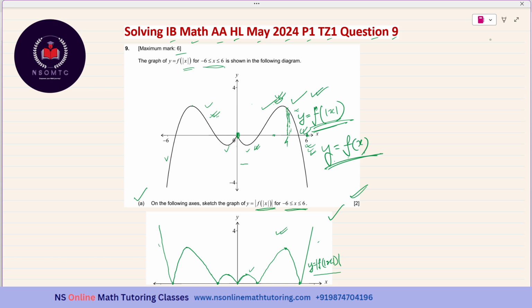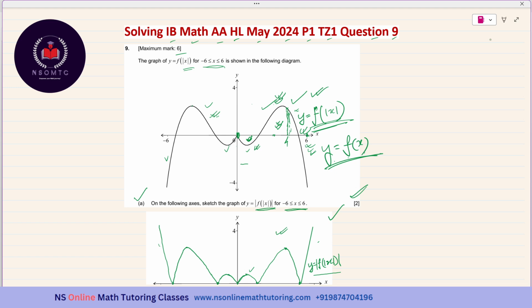So for the area of this and this, since it is a definite integral, this area is below the x-axis, so it will get subtracted from this area which is above the x-axis. That is what we usually get.